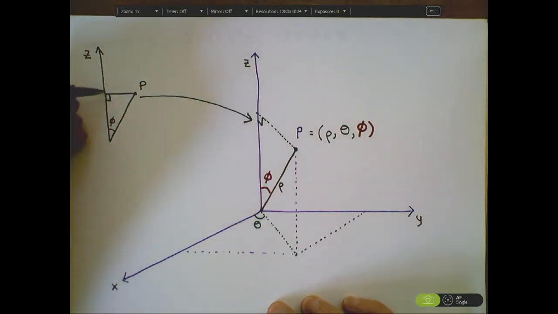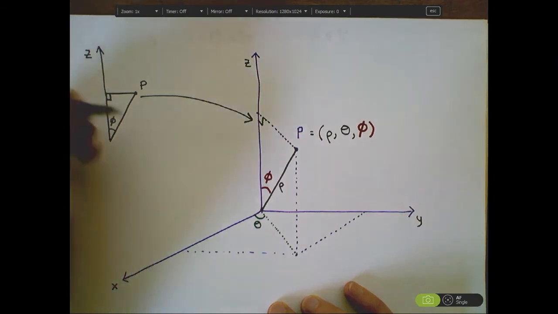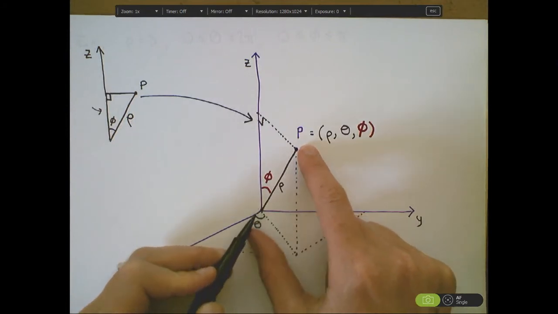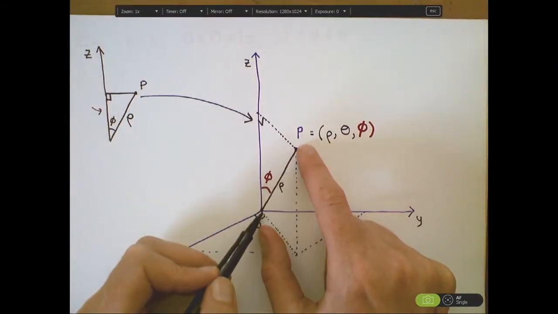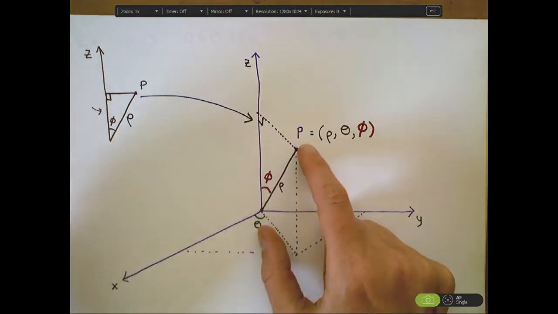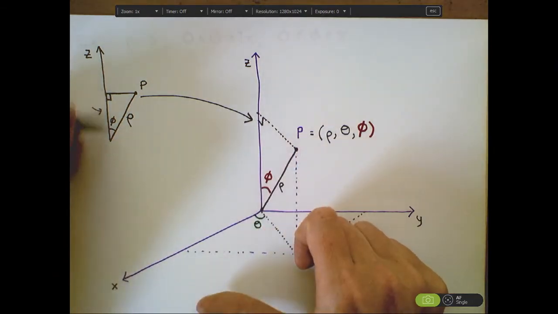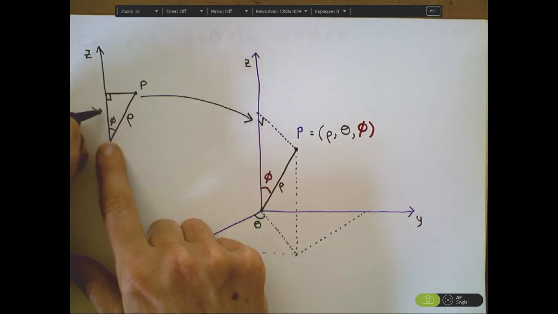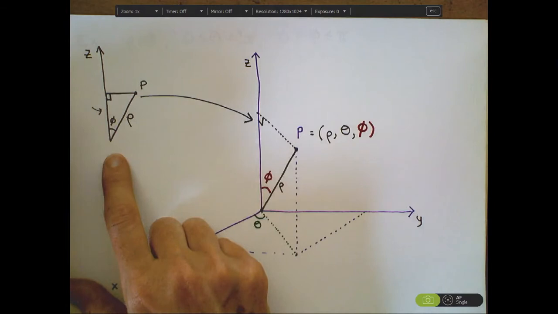We see that this is just a right triangle, and we know what the hypotenuse of the triangle is. The hypotenuse is given by our rho value, which is exactly the distance from the point to the origin. And it means that this side length can be given by the cosine of phi, because the cosine of phi is going to be adjacent over hypotenuse, or in other words, this height z.